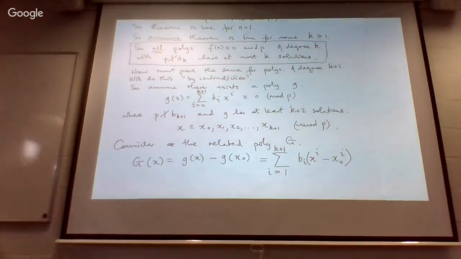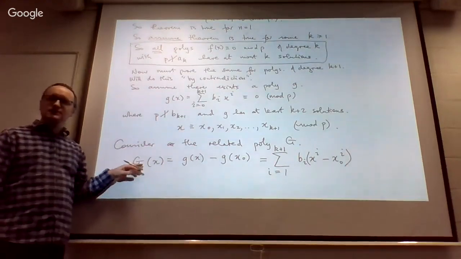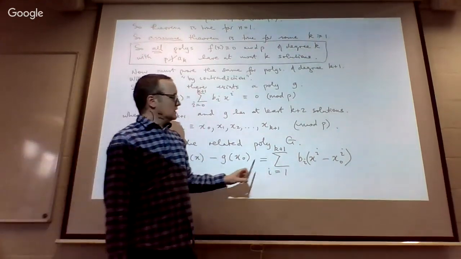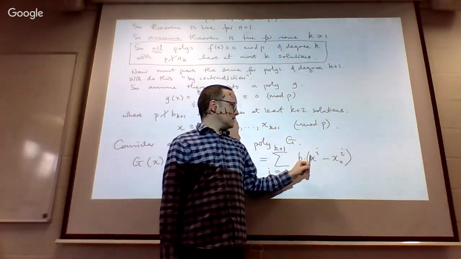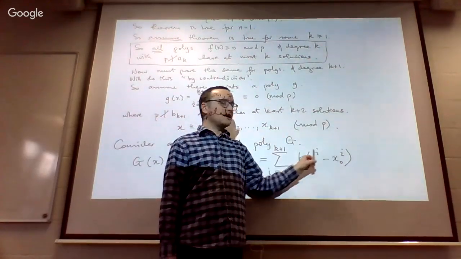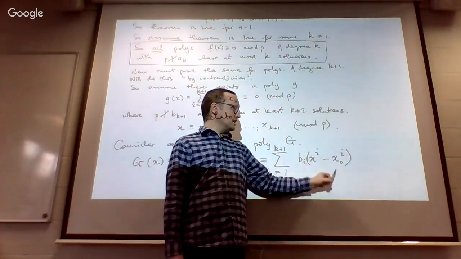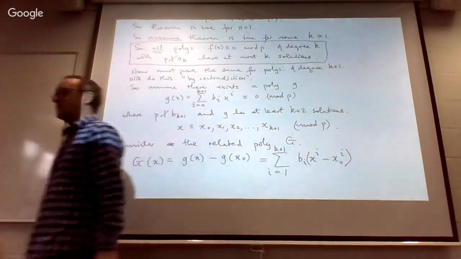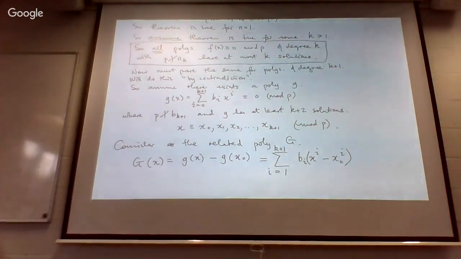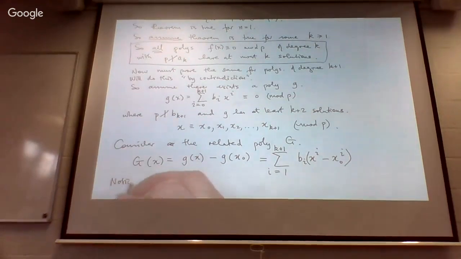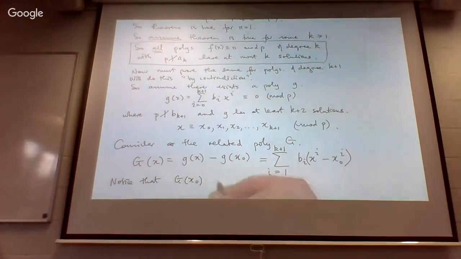Now you may see already what we're going to do: we're going to factorize this capital G. Remember, when you do a difference of powers, you can always factor out x minus x naught out of each of those. So we can always do a factorization like that. Notice that capital G of x naught is actually equal to 0.